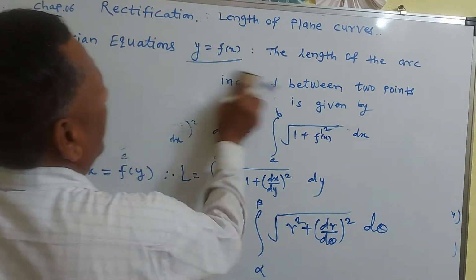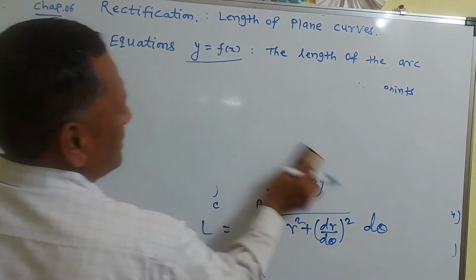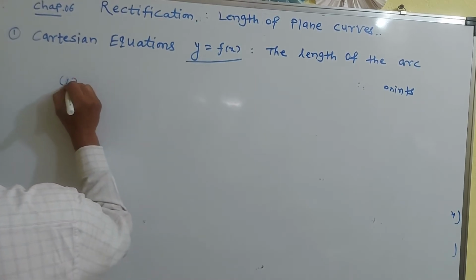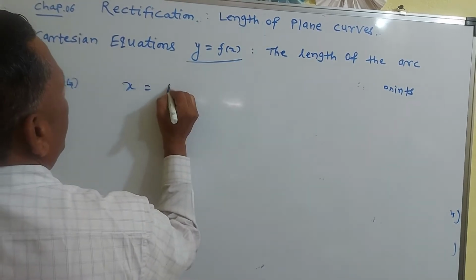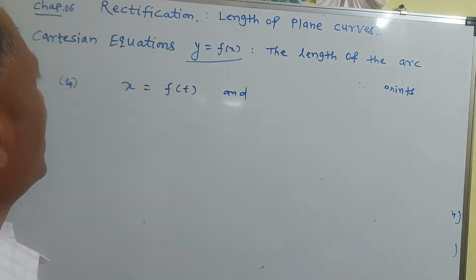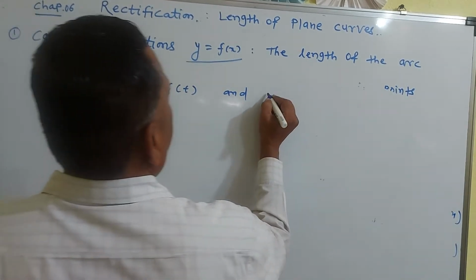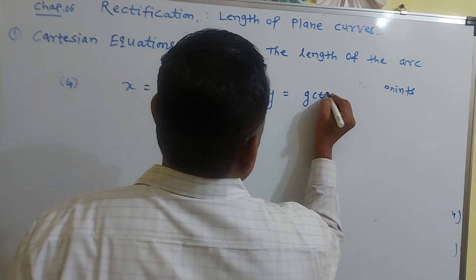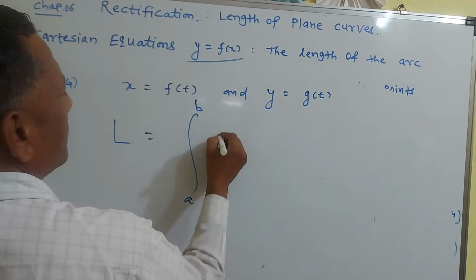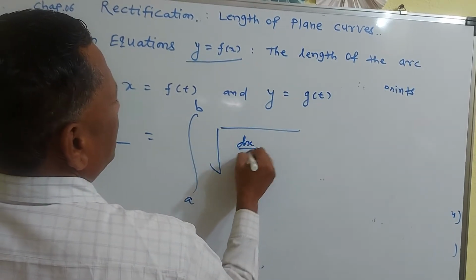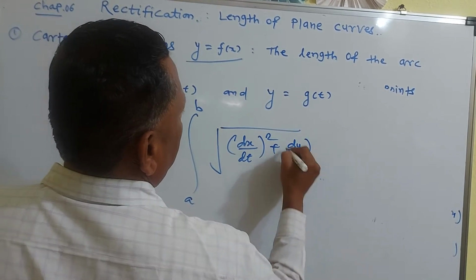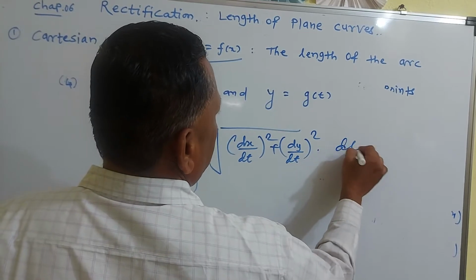Now if you have the parametric equations, then what is its length? If the equations are in the form x is equal to f of t, or instead of t you can take another variable, and y is equal to g of t, then its length is given by integration going from a to b root of dx by dt square plus dy by dt square, integration with respect to t.